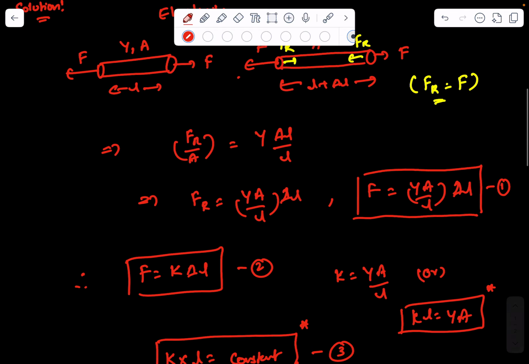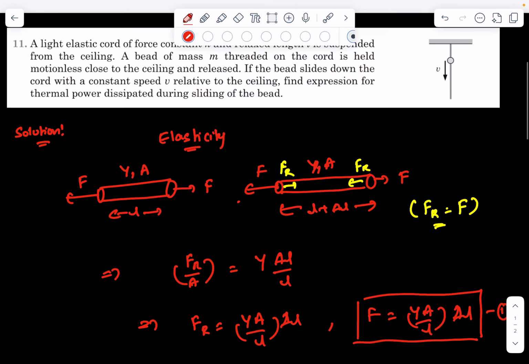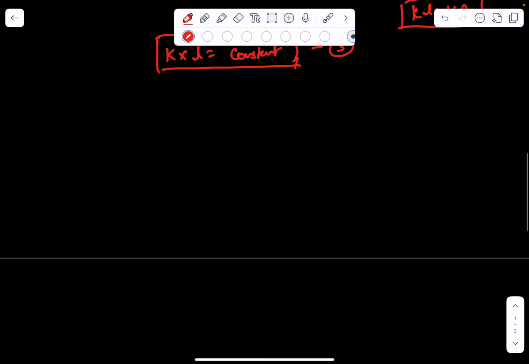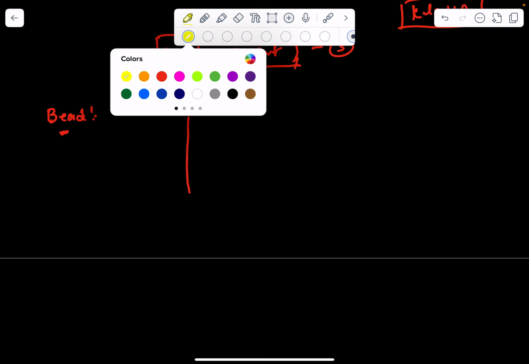Now let us see how to go ahead with the problem and get the answer step by step. According to the problem, we have a bead coming down with a constant velocity v with respect to the ceiling.